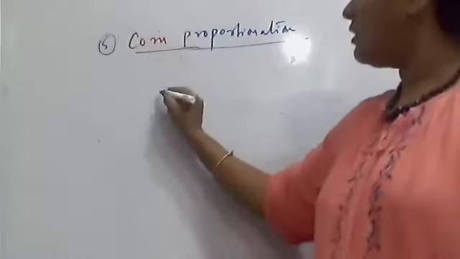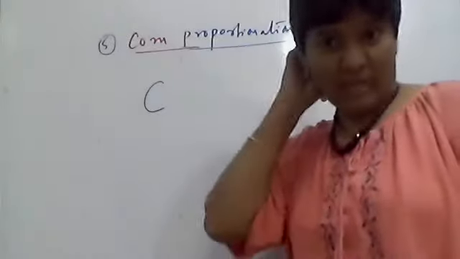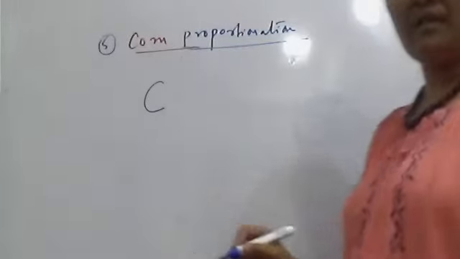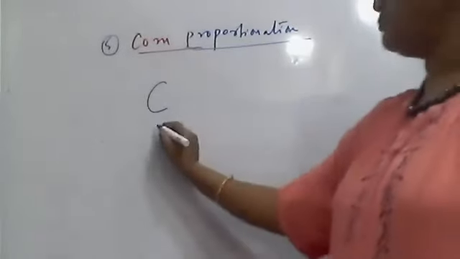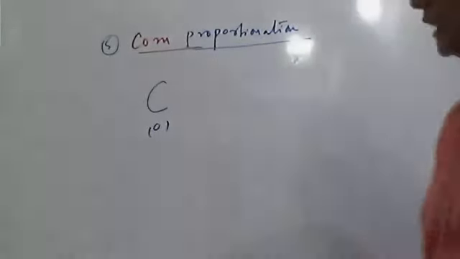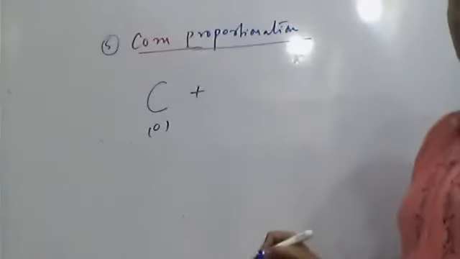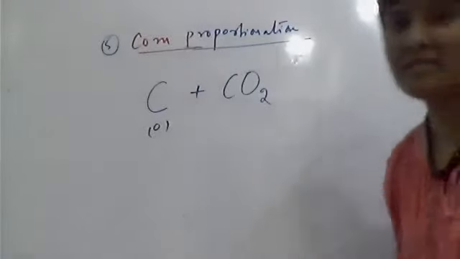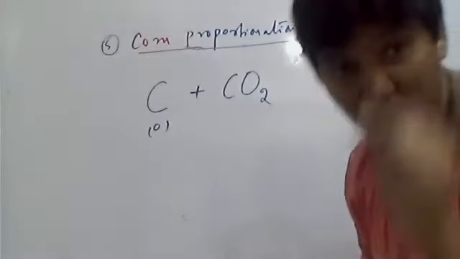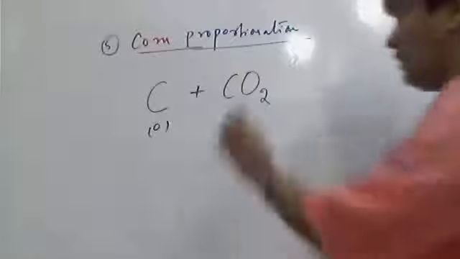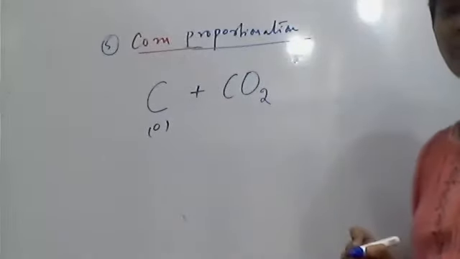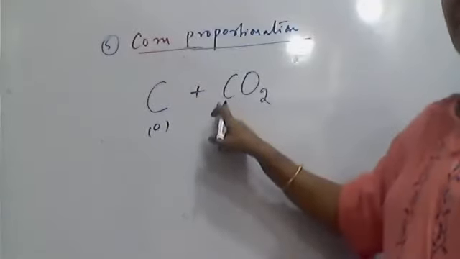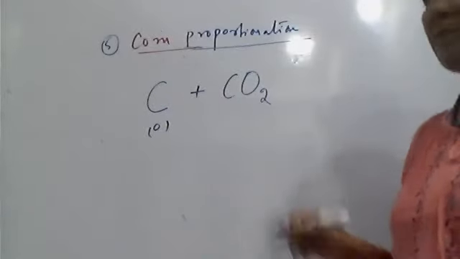See here, the carbon element. What will be its oxidation state, beta? Carbon element is 0. Now, when this carbon is treated with carbon dioxide, please tell me, what is the oxidation state of carbon in carbon dioxide? +4.